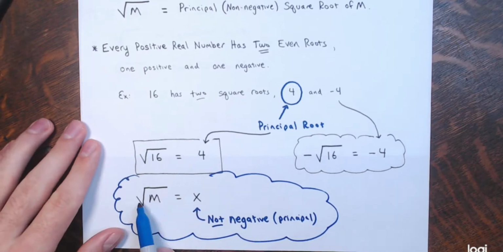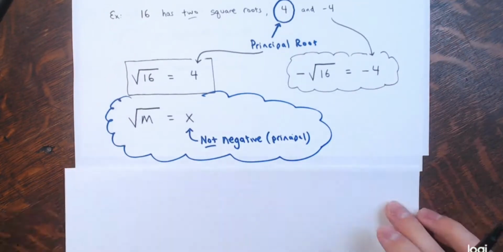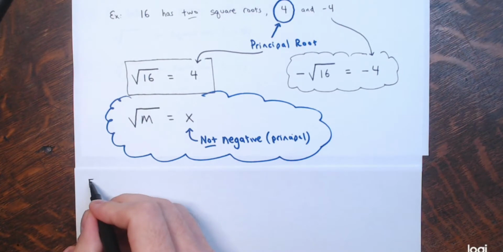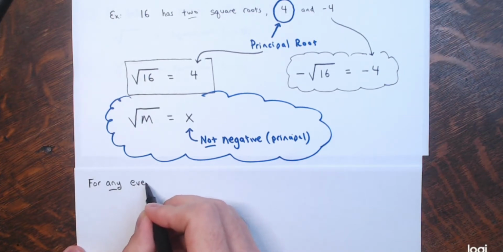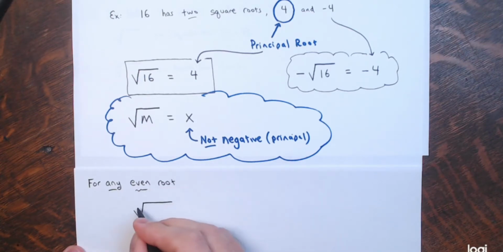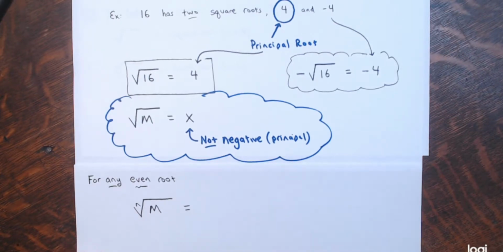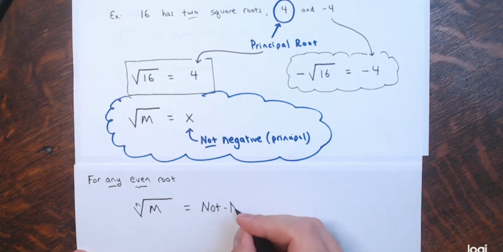So when you see, and this goes for any even root, square root, fourth root, sixth root, etc., the nth root of m is the non-negative one, not negative, right?